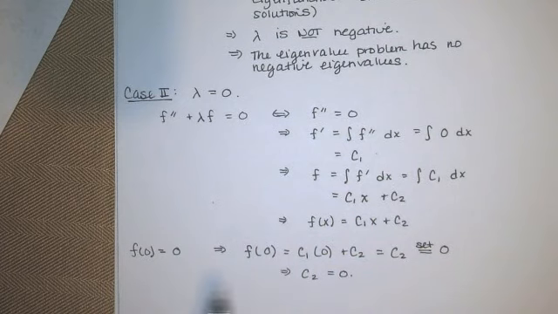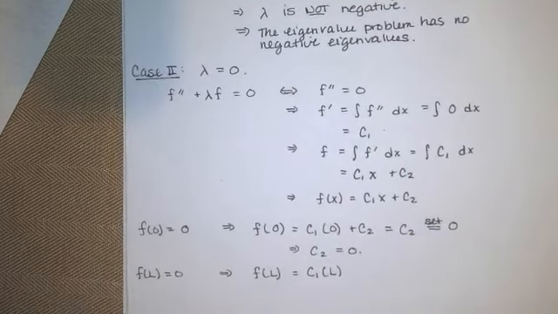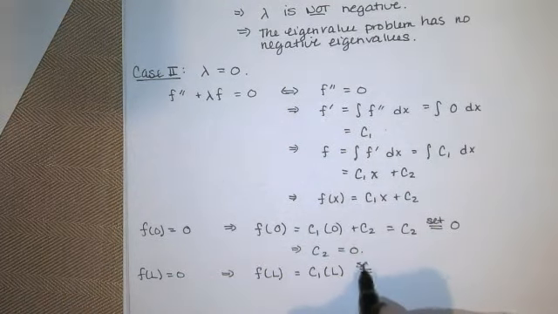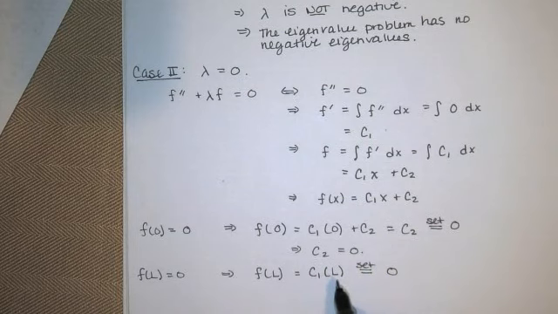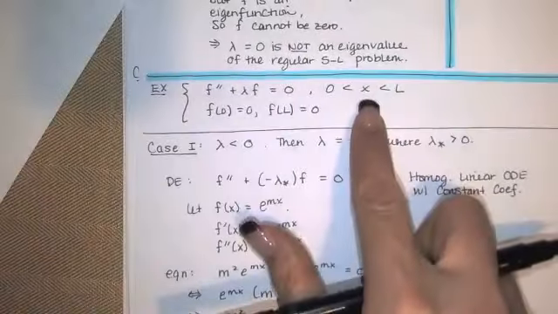Okay. And then we also have that f of L must be 0. So that's C1 times L plus C2, but we already know that that's 0. And that result has to be equal to 0. So after substituting, we set that result equal to 0, and we try to solve for C1. But remember, L is strictly positive, because that's what this says right here.